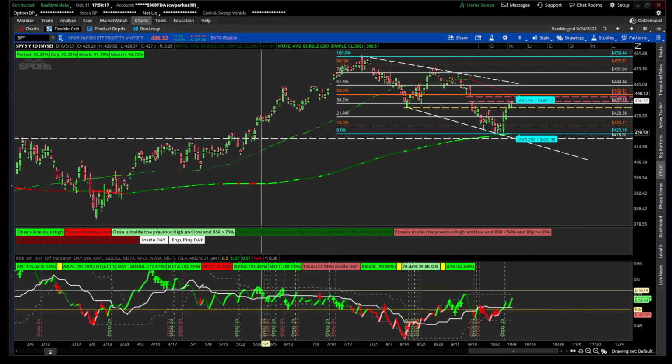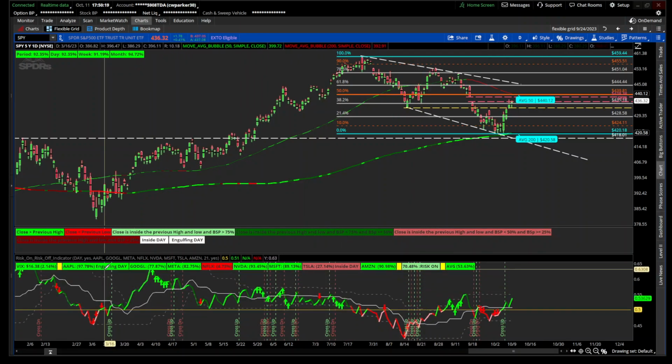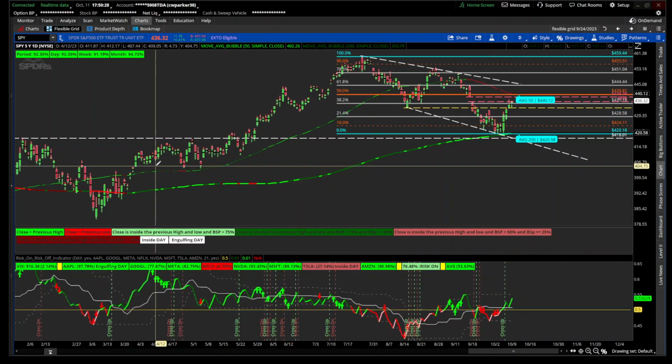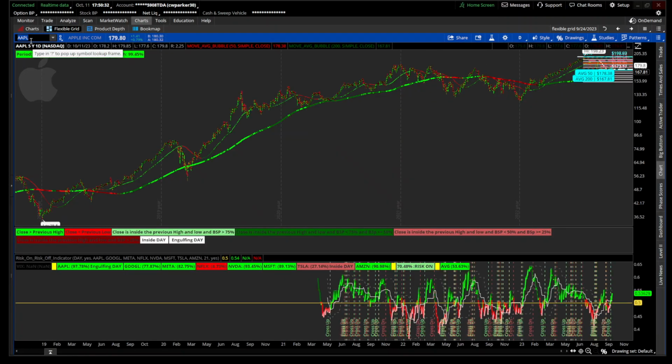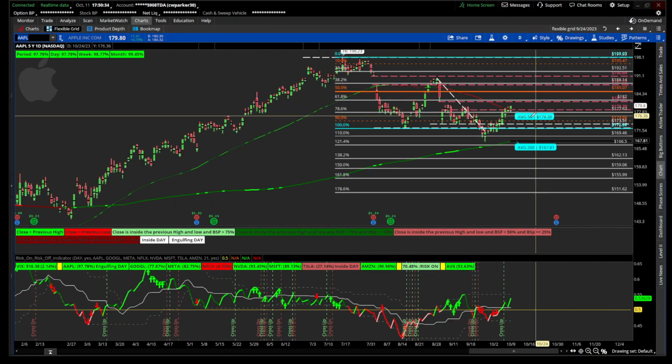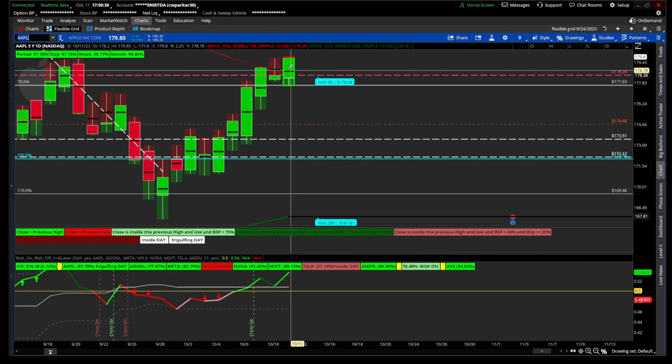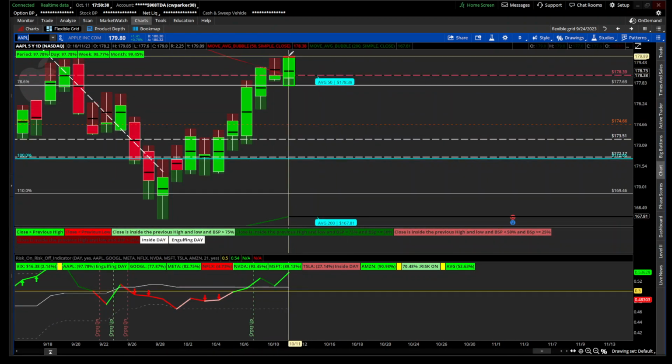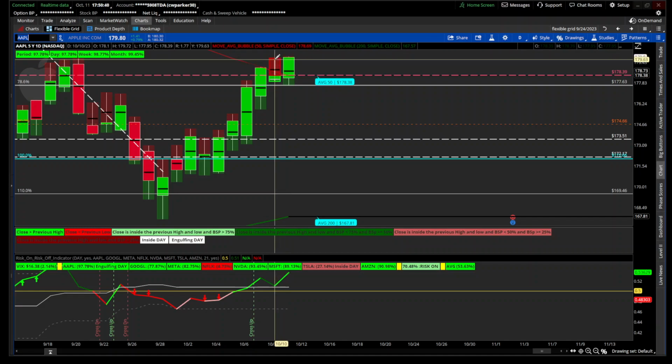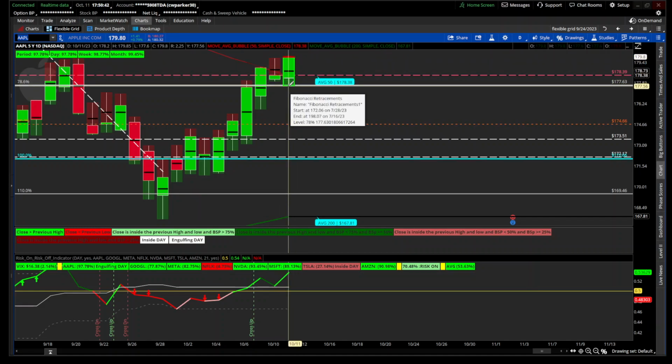If it's above 50, you get a risk on. Some of the other key features of the indicator is this right here. You can see Apple has an engulfing day, or an engulfing bar, and Tesla is an inside day. If I switch to those stocks, we can see this is an engulfing candle because the high is greater than the previous high and the low is less than the previous low.